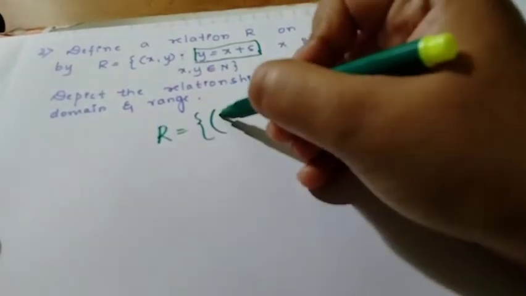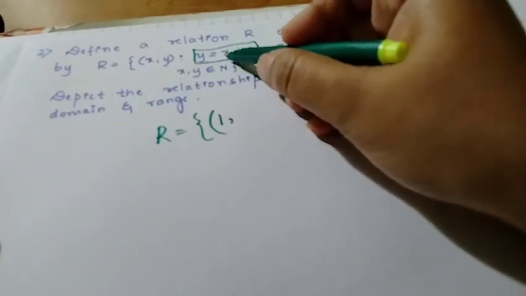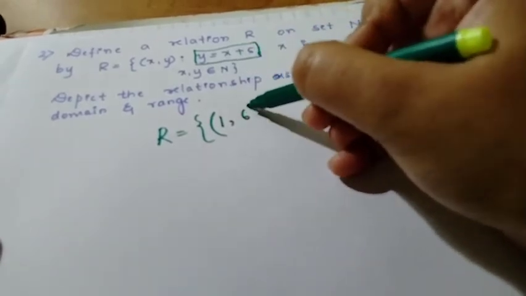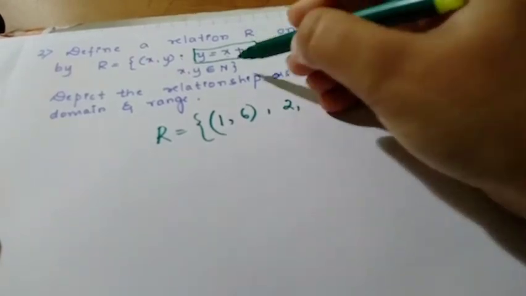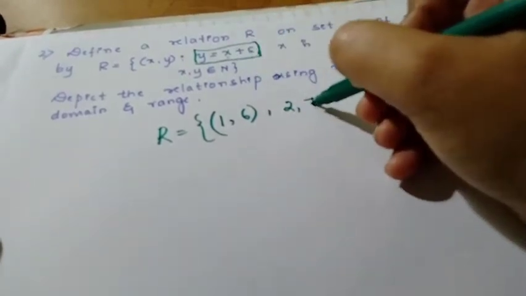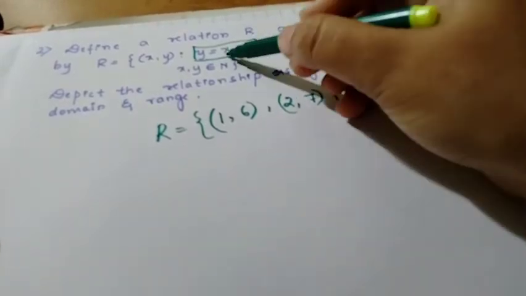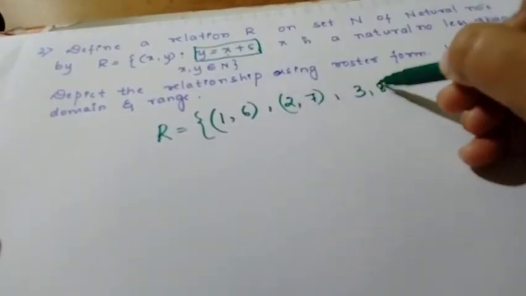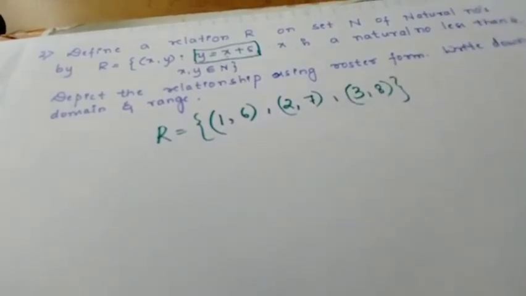First natural number is 1. Then what will y be? 1 plus 5, 6. Next element I take 2. 2 plus 5, 7. Next element I take 3. 3 plus 5, 8. So this itself is a relation in roster form.